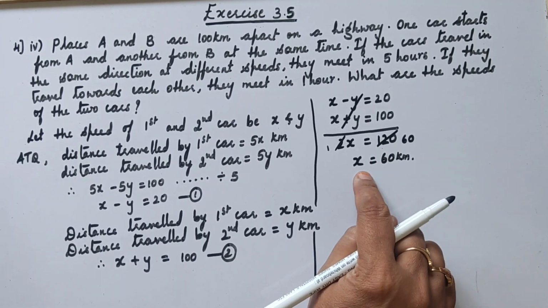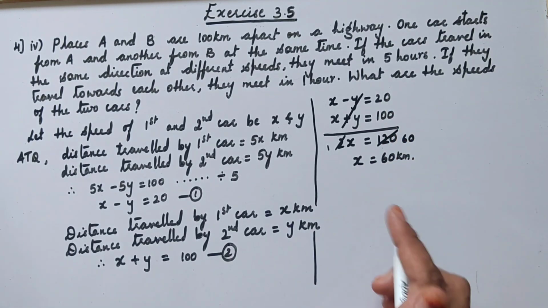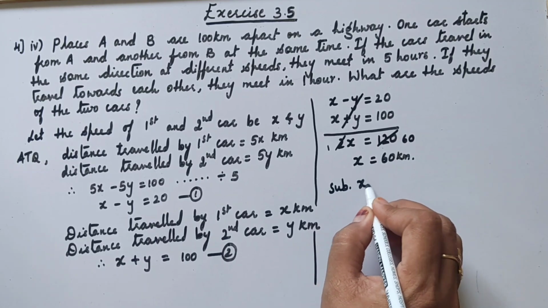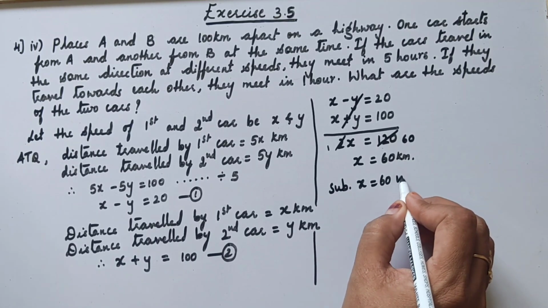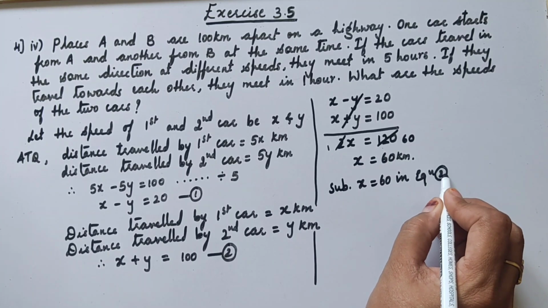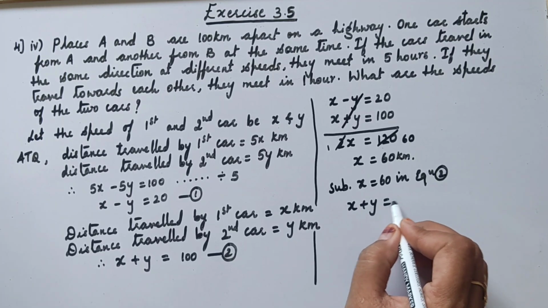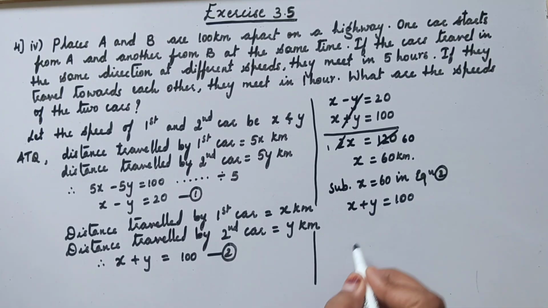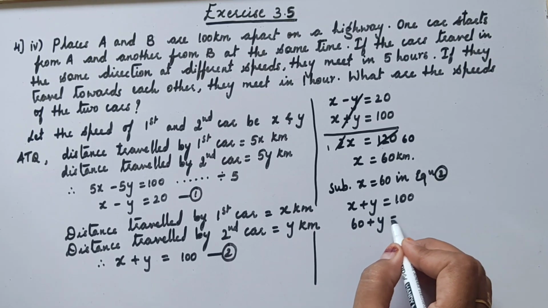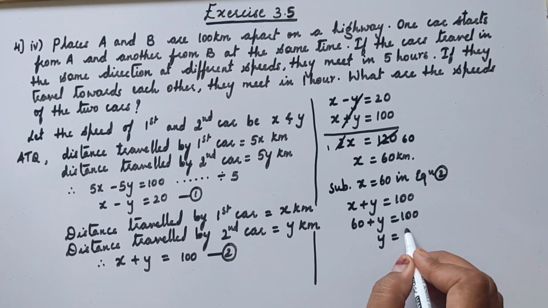Now I am going to substitute this value of x in either of the two equations. Substitute x equal to 60 in equation 2. So x plus y equal to 100. x is 60, so 60 plus y equal to 100.